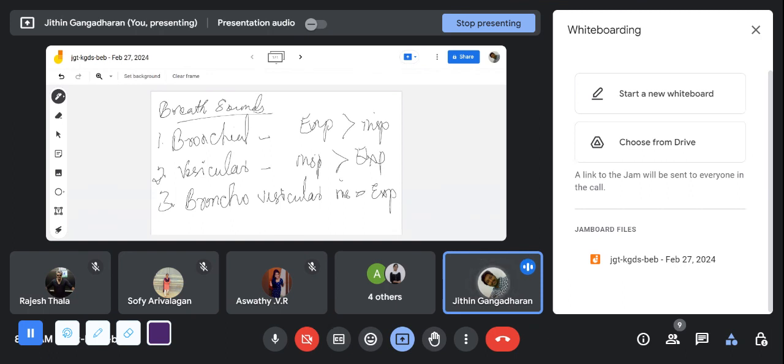Got it? So those are the three normal breath sounds.